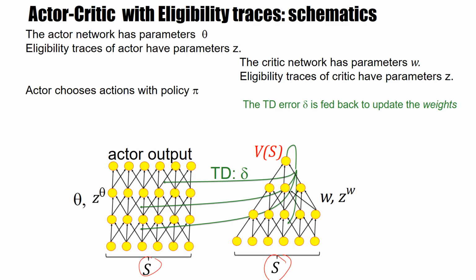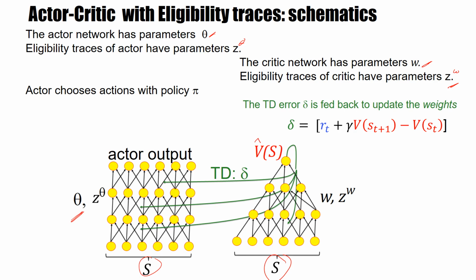If it's an estimate, some people put a hat, V hat of S. So this critic has parameters W. The eligibility traces of the critic have parameters Z with an index W. Our actor network, just to keep the notation different, has parameters theta. The eligibility traces of all these parameters are Z with upper index theta. And then the actor chooses the actions with a policy pi, which of course depends on the momentary state S.